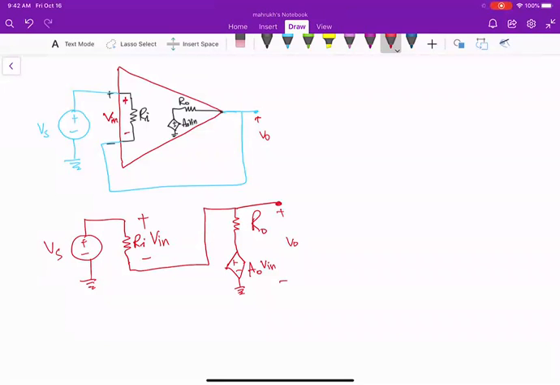This was our V in. So that's our equivalent circuit for the unity gain amplifier, okay? But let's try to solve it and let's see what this actually is.